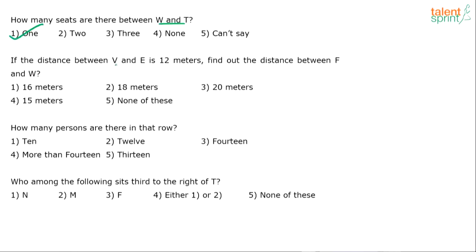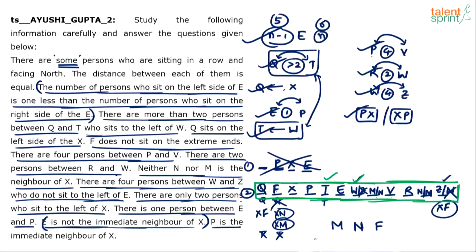If the distance between V and E is 12 meters, find out the distance between F and W. Now that's an interesting one. V is here and E is here, and the distance between them is 12 meters.